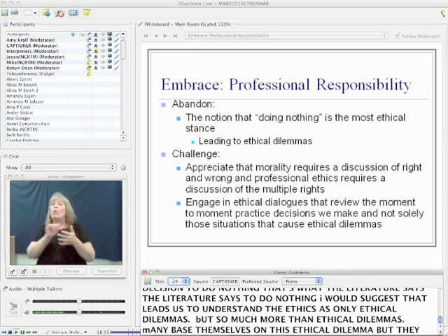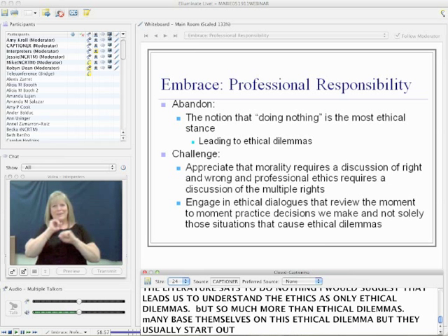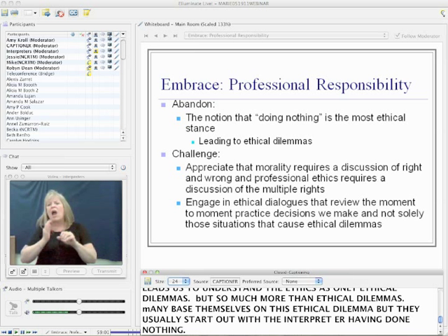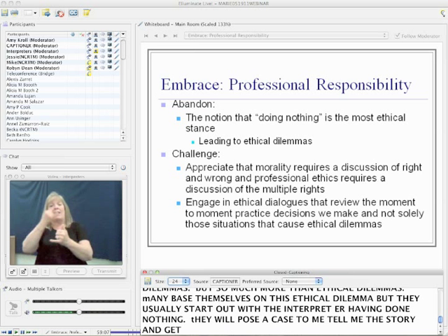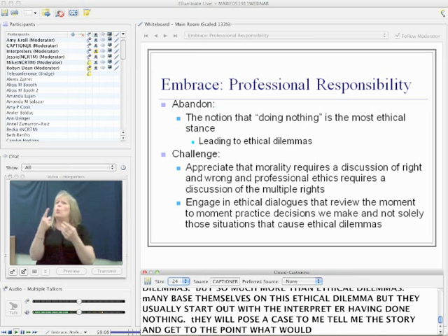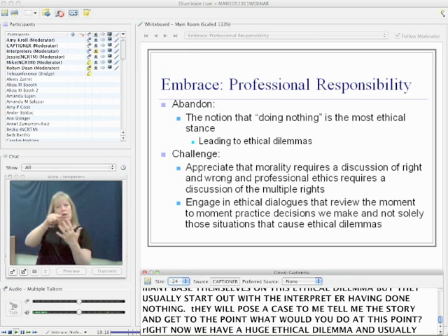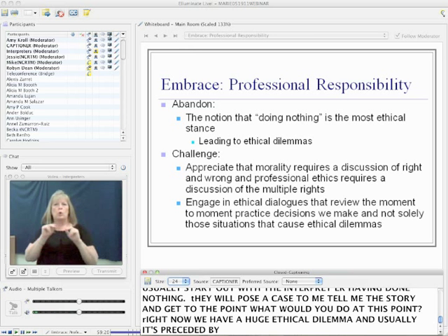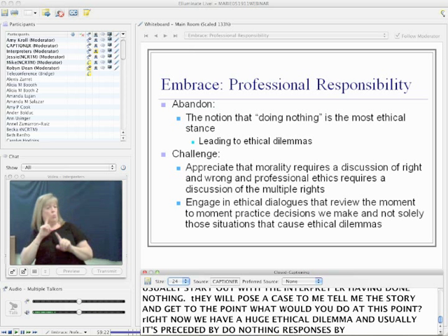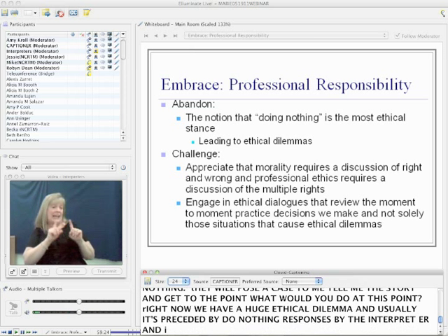When I'm talked to by a student or a mentee who's taking one of these courses or in a workshop, they will pose a case to me and they will say, tell me the story, and then they'll get to the point at the end of the case and say, so what would you do at this point? Right now we've got a big, huge ethical dilemma. And usually what has preceded that is a series of do-nothing responses by the interpreter. And so I have to respond to them by saying, I can't answer that question because I would not have let it get to that place.